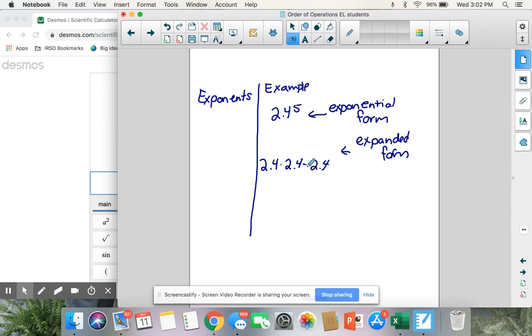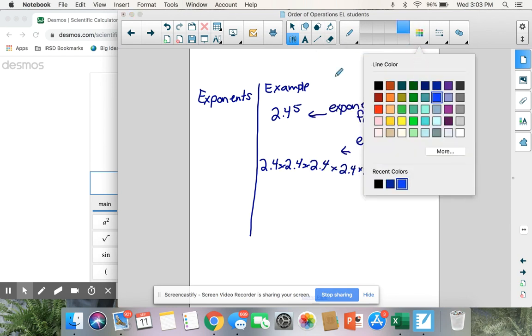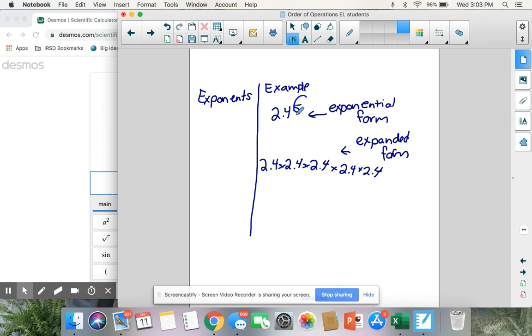Just to be clear, these little dots here are the same as the symbol for multiplication. One, two, three, four, five. So once again, my power of 5 means 1, 2, 3, 4, 5 times.